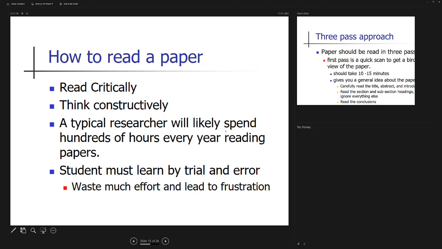It's a fact. Like me, any other faculty, not in a very highly reputed university, they do not spend hundreds of hours reading papers. A typical researcher, a professor, a guru in an area, will read almost every good paper that comes in his or her field.